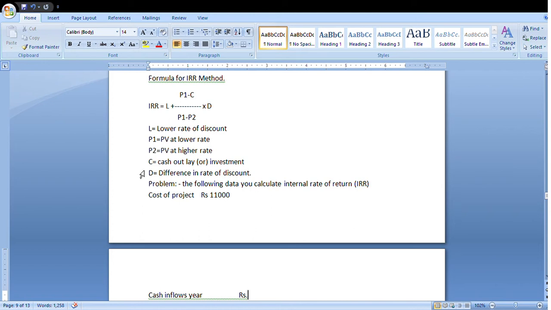It is called D. This is the use of the formula for calculation of the IRR method. First you calculate the net present value two times, one positive and another negative. You take the discount rates approximately, then apply this formula. Example problem.